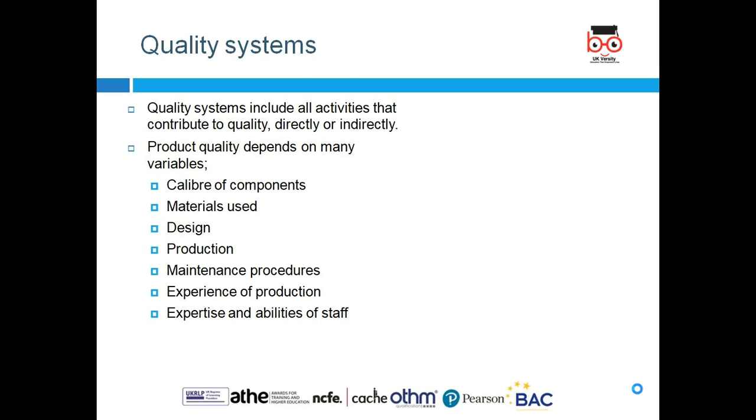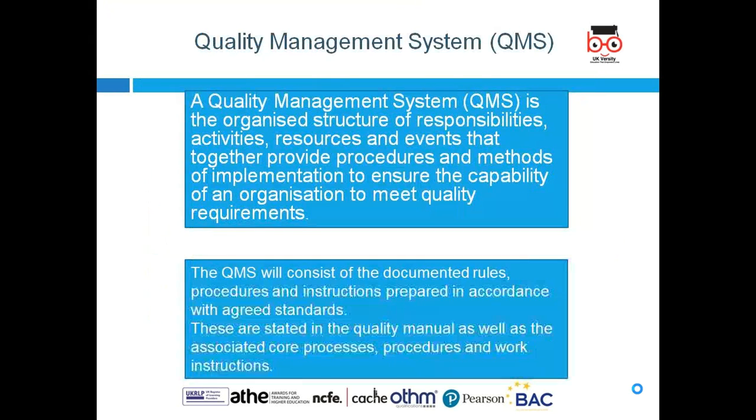So survival without quality is not compulsory. A quality system includes all the activities that contribute to quality. Product quality depends on many variables like the caliber of components, materials used, design, production, maintenance, experience of production, and staff availability.